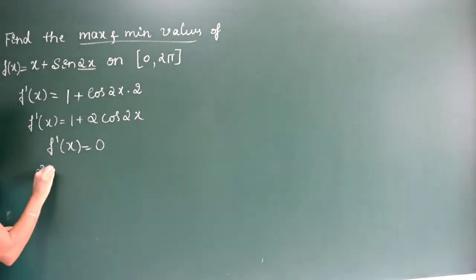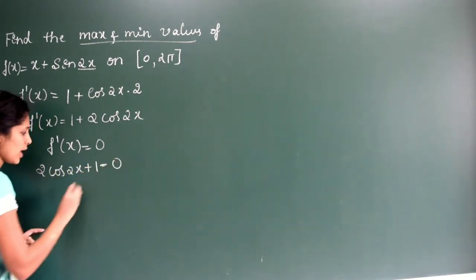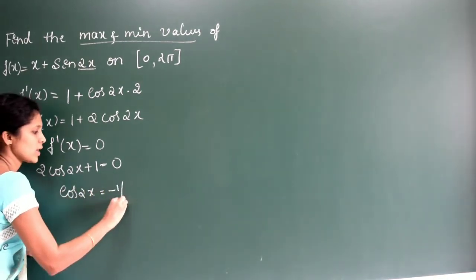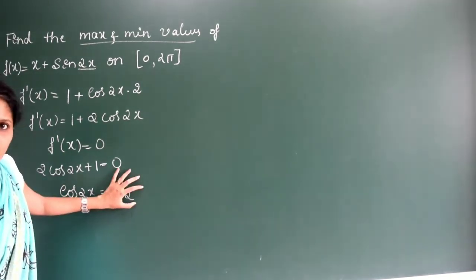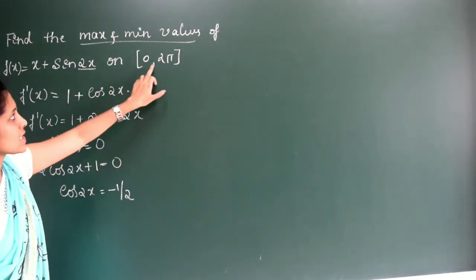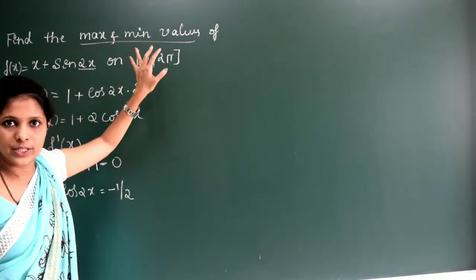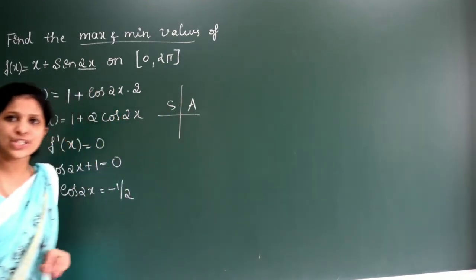So here 2 cos 2x plus 1 will be equal to 0. I can write cos 2x is equal to minus 1 by 2. Minus 1 by 2 means negative, right? It is given between 0 to 2 pi, so I can consider this in the second quadrant. You know that in the second quadrant the cos function is negative.